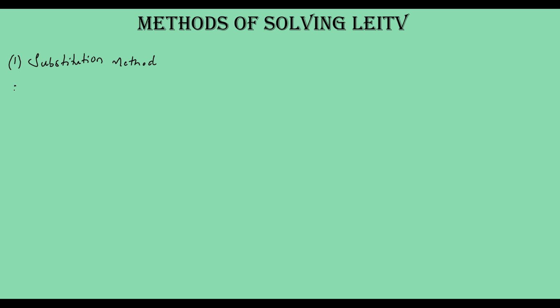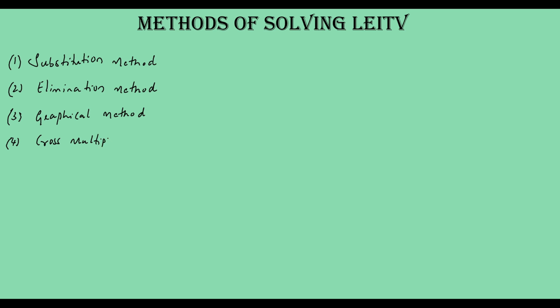Clear? The second one is called the elimination method, which is also called elimination by equating the coefficients, and the third one is called the graphical method, where you use graph sheet to find the solution of the given pair of equations. And the fourth method is called the cross multiplication method.